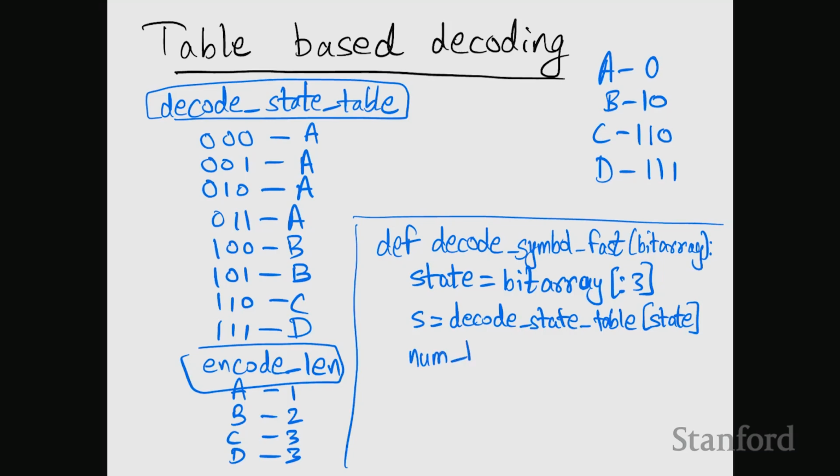And then you look at the encode len table, which tells you the length of the encoding. And then you basically return S and the number of bits.